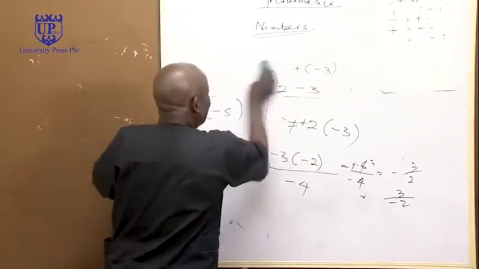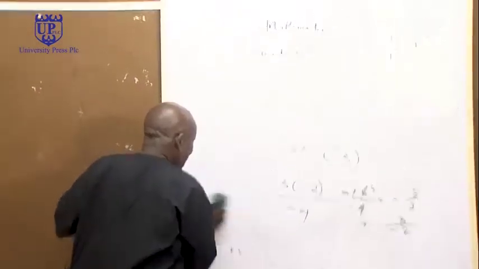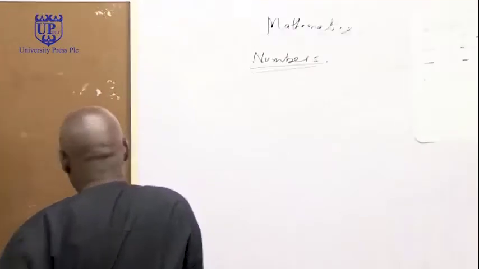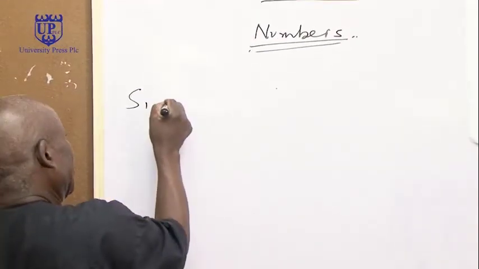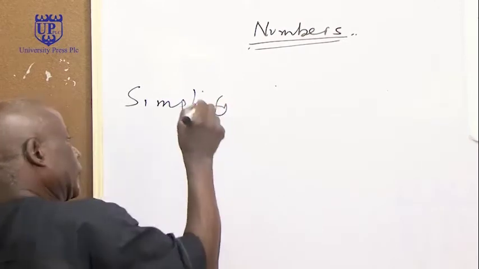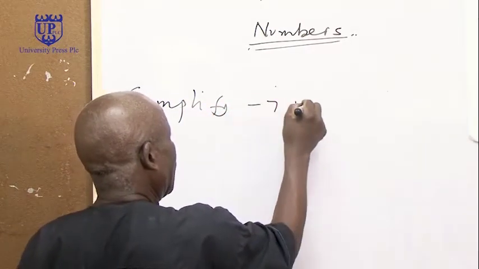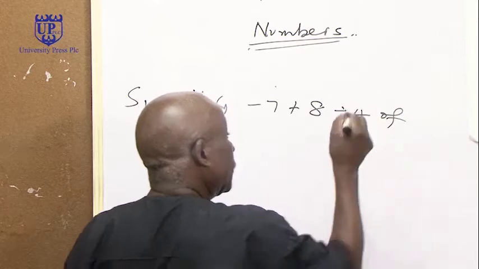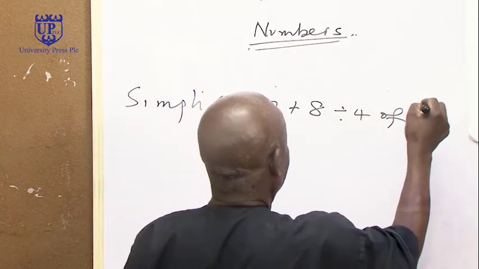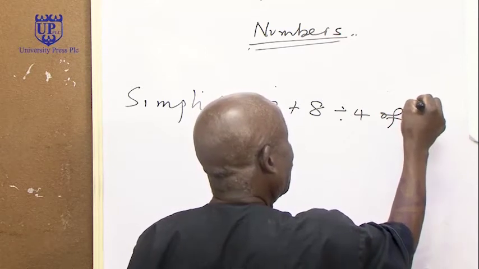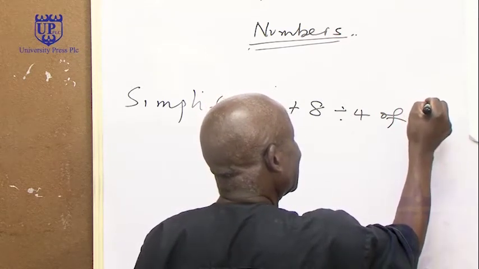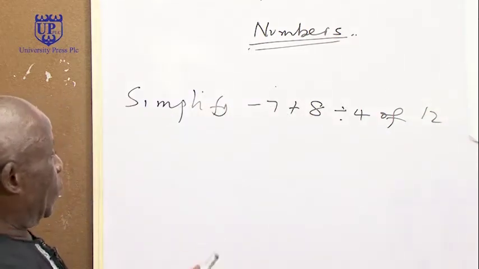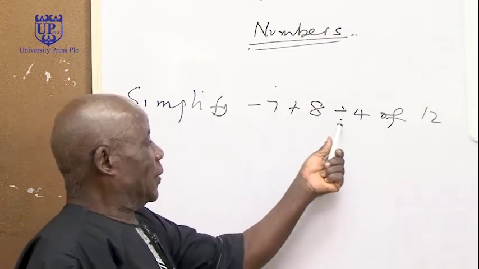We are on directed numbers. Now, simplify minus 7 plus 8 divided by 4 of 12.